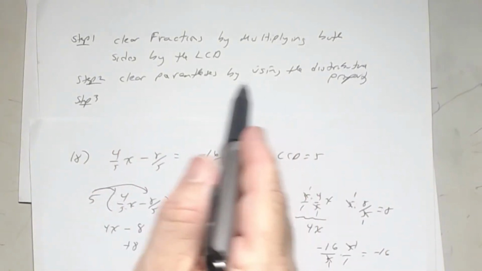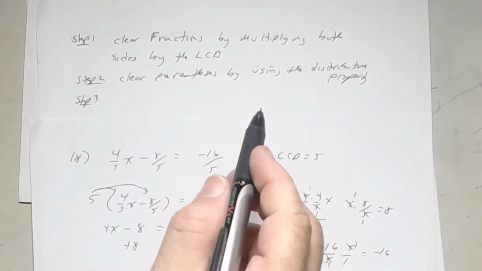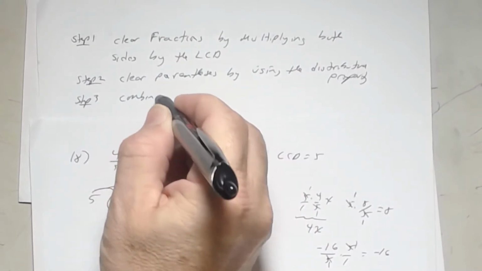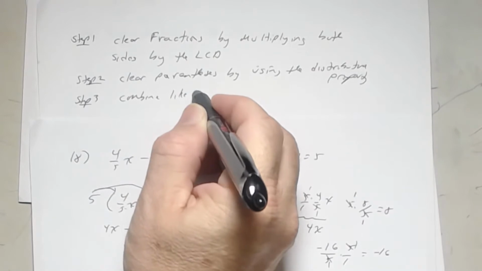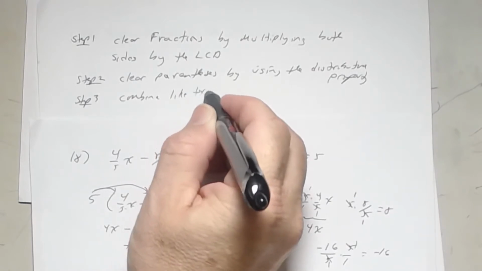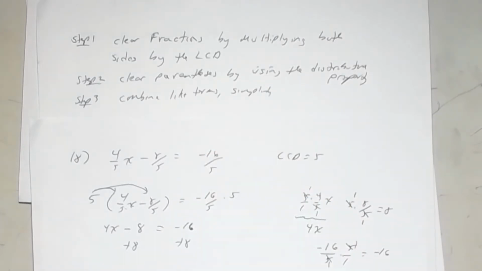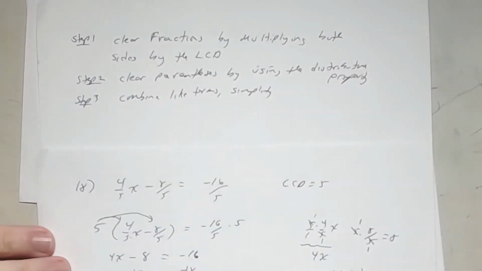Once we clear the parentheses using the distributive property, we combine like terms. Remember that? So we simplify by combining like terms, and then we use the addition property of equality.